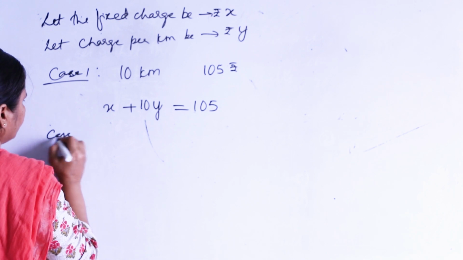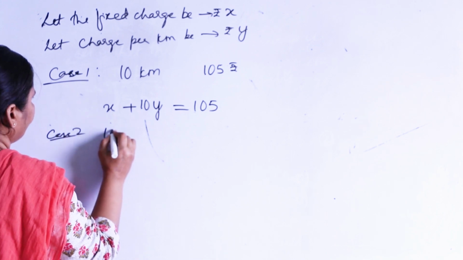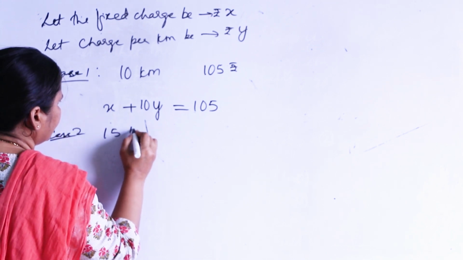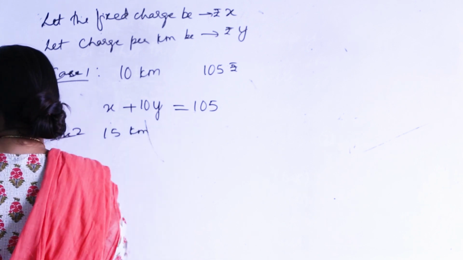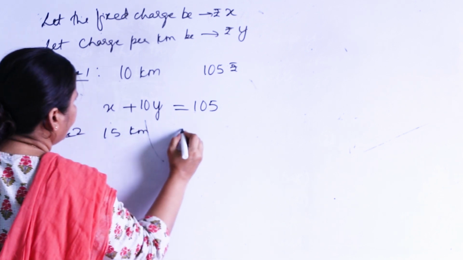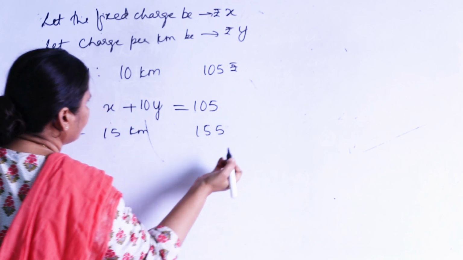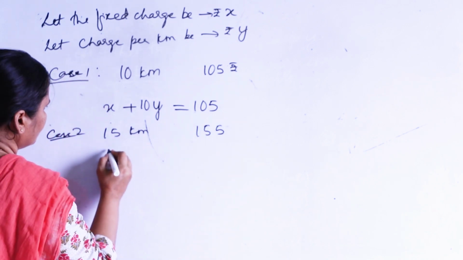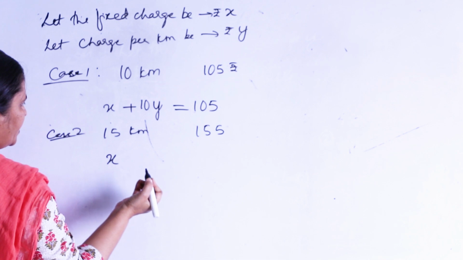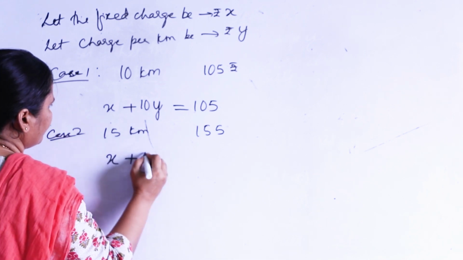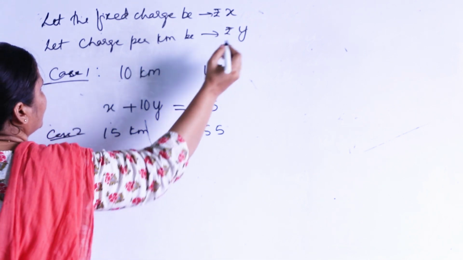Case 2. What is 15 kilometers? Traveled is 15 kilometers and the amount paid is 155. So, fixed charge will not change. X plus 15 kilometers at Y rupees per kilometer.